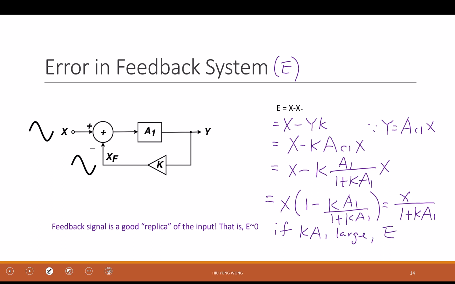It will be very small. If you design a feedback circuit, you should expect X to be very close to XF. And you say, wow, if very close, then am I going to have gain? Yes, because you have a large gain in A1.